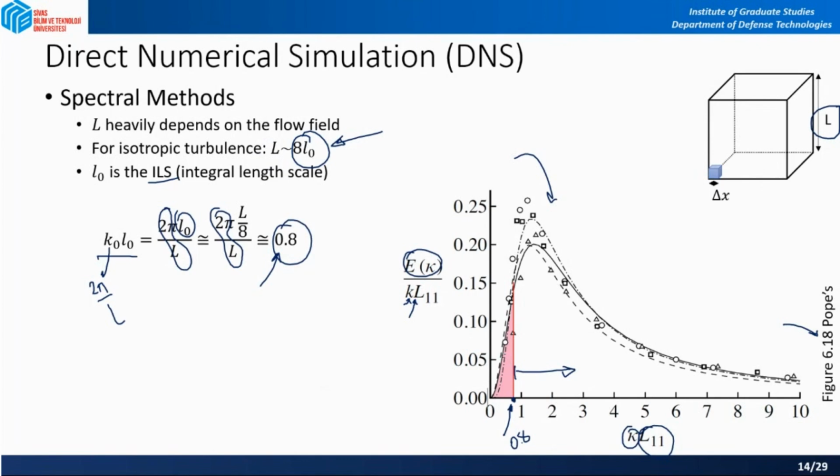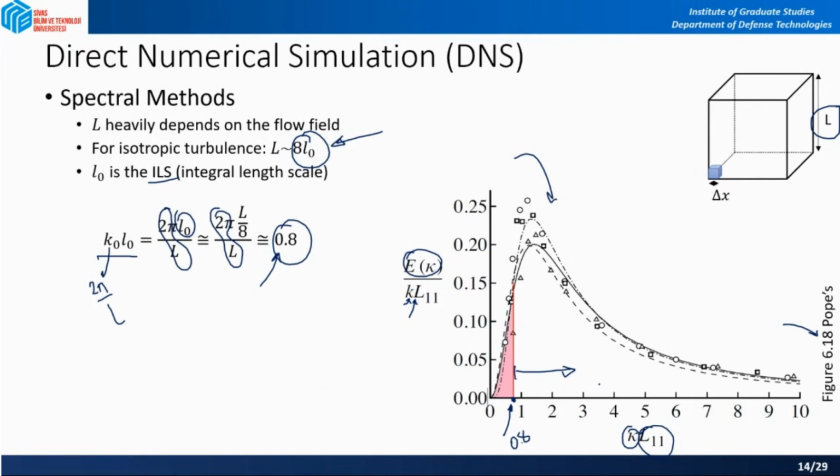So the only remaining part is this red part in here. And that means that your grid in physical space and your number of wave number modes in spectral space are enough to resolve most of the energy in the domain. Not all, but most of the energy in the domain.